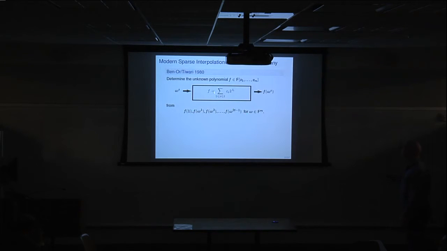And what they showed is that if you have t terms in your sparse polynomial, then you look at the evaluation at 2t powers of the point, and you can reconstruct the original polynomial from that.